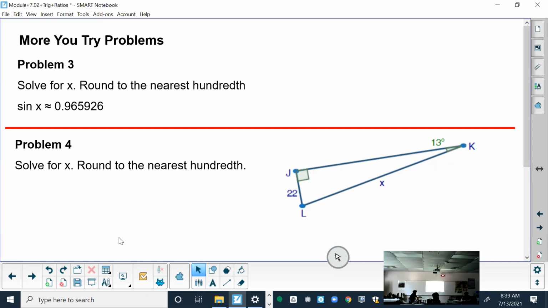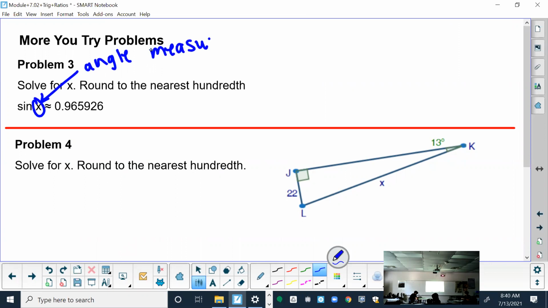You are having to use the inverse sine function in order to figure out what that x equals, because sine x is always like sine, and then this would be like an angle measure. So anytime you need to find an angle measure, make sure you're using the sine inverse function.